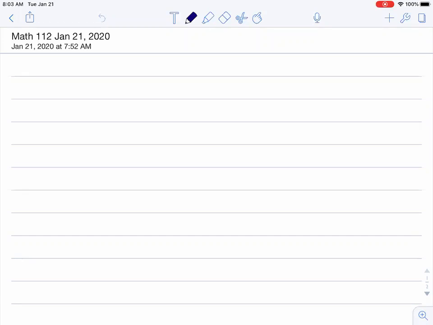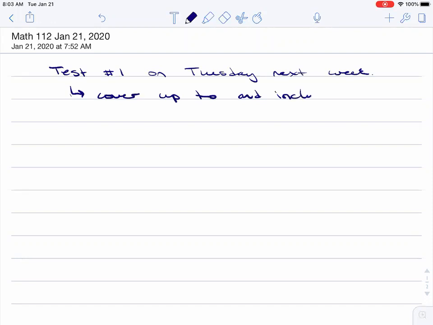Okay. So you've got test number 1 on Tuesday next week. And it will cover up to and including 2.3, which I am hoping I can get through to the squeeze theorem today, but to be honest, it's not looking good. So we might just wrap it up next day.